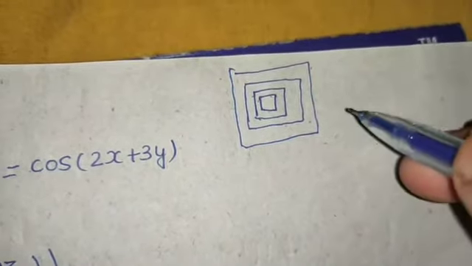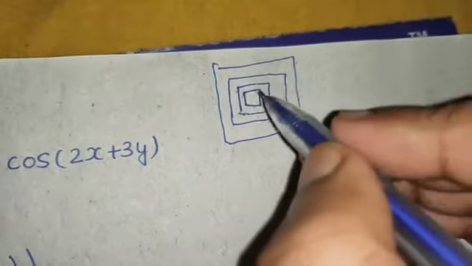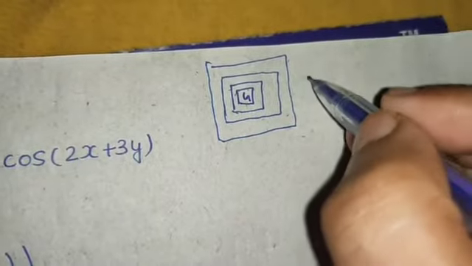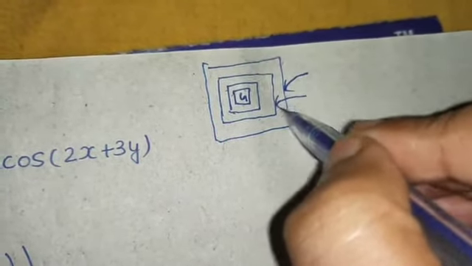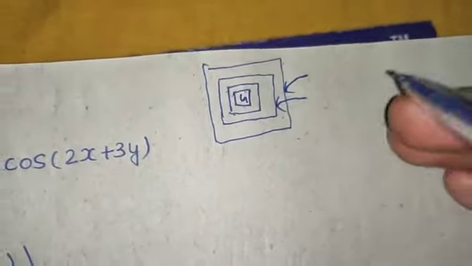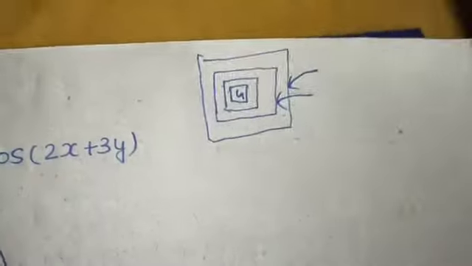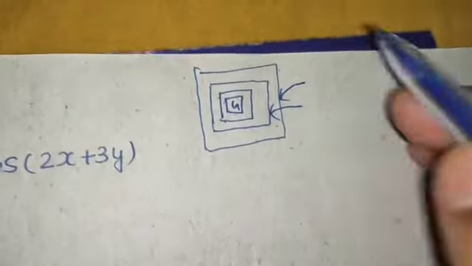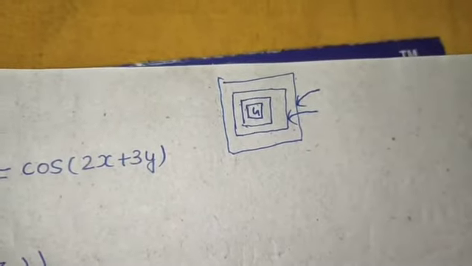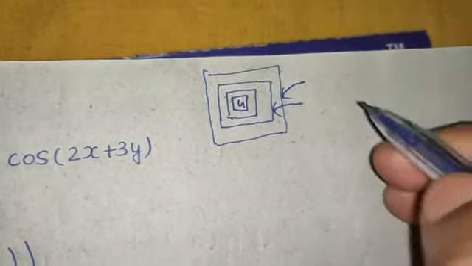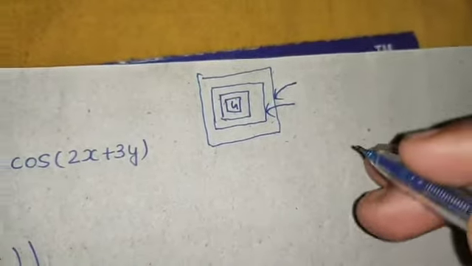Now if someone wants to reveal what is inside the gift, he will unwrap the wraps one by one, but he will have to do it from outside. So if wrapping the gift is differentiation, then the opposite of differentiation is integration. So unwrapping the gift can be thought of as integration.